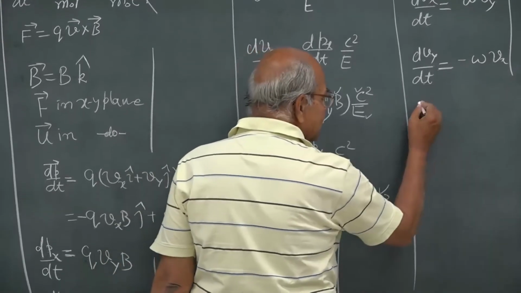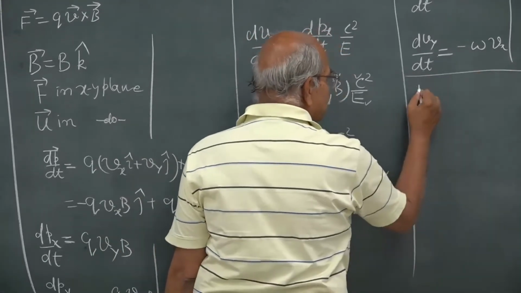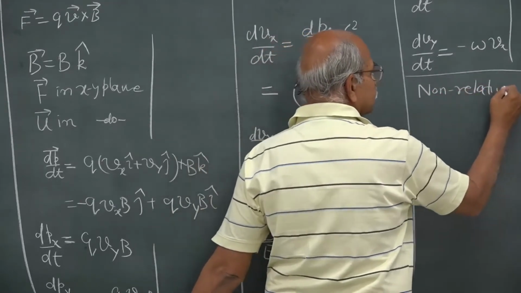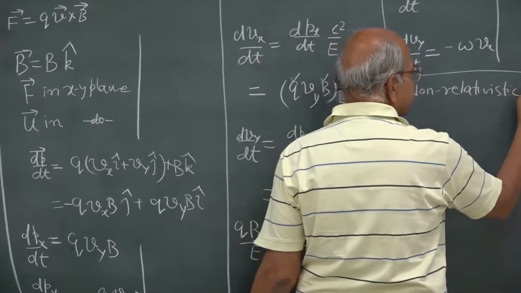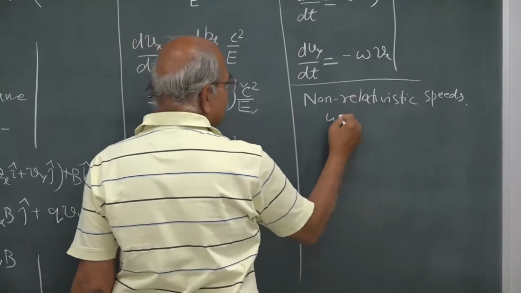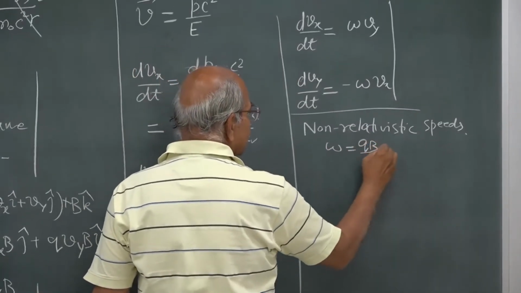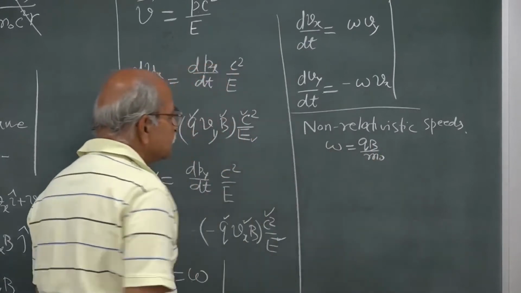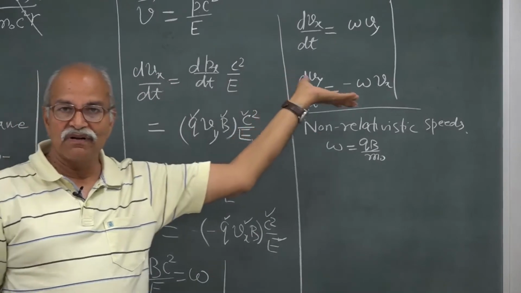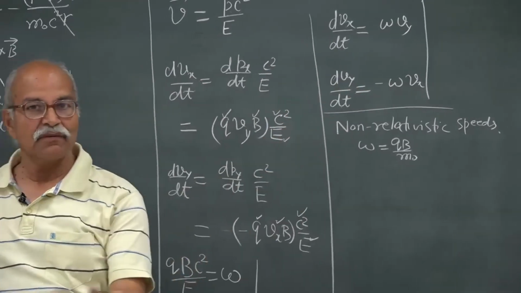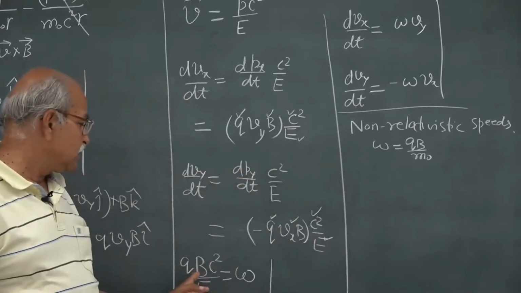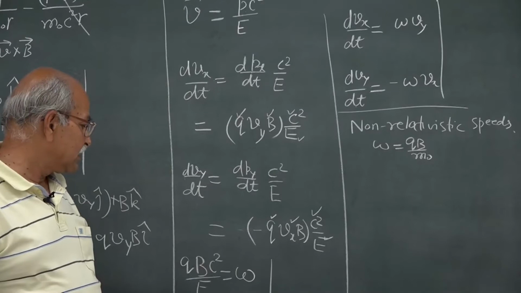So, it is the same equation if you are in the non-relativistic region, non-relativistic speeds, then you get the same equation with omega as qB by mass. So, in terms of omega, everything is identical, and therefore, this will be again a circular path, and the angular frequency will be given by this quantity qBc² by capital E.